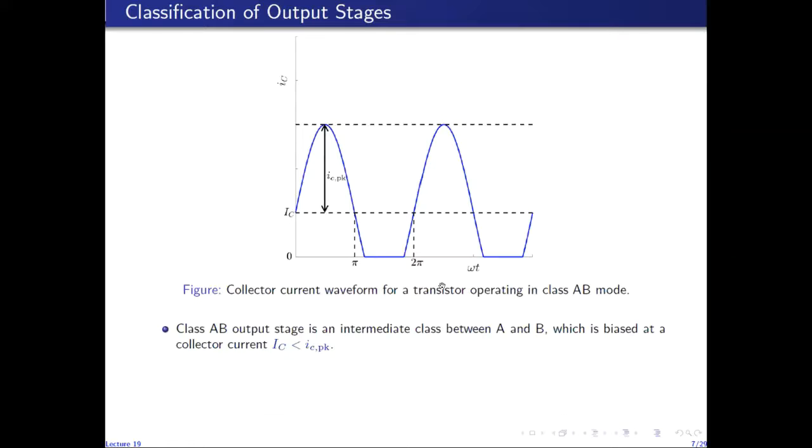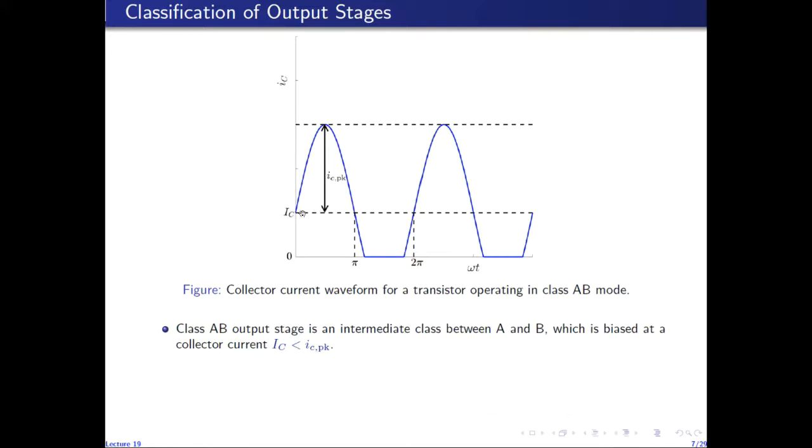As an intermediate class between class A and class B amplifiers, there is the class AB amplifier, which is biased at a collector current which is greater than 0 but smaller than the peak value of the signal current. So a transistor conducting in class AB mode has a collector current waveform which looks something like this.